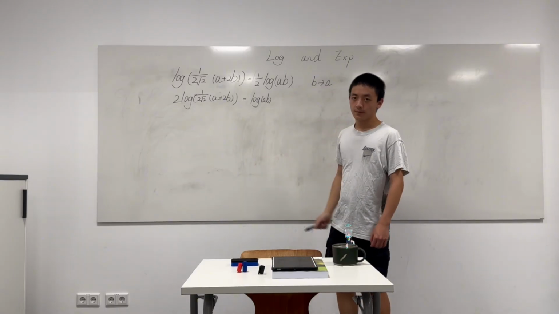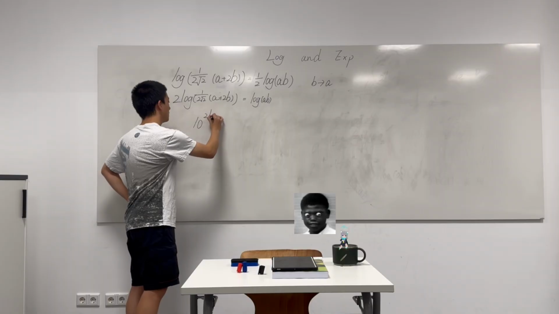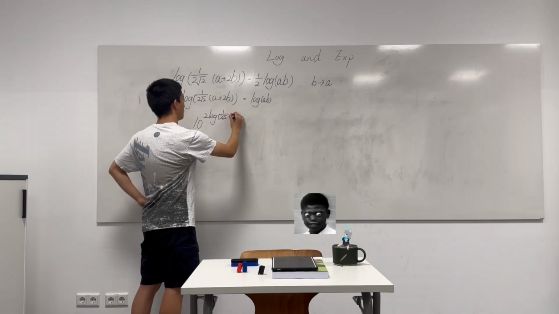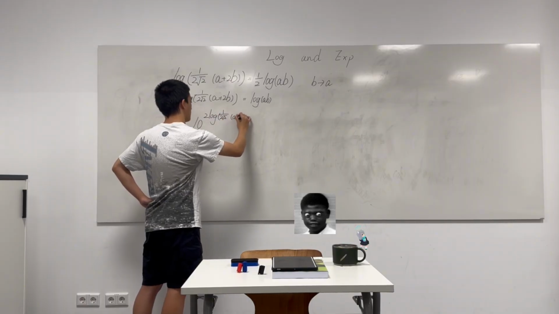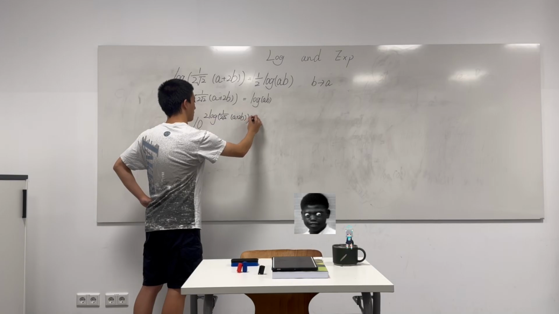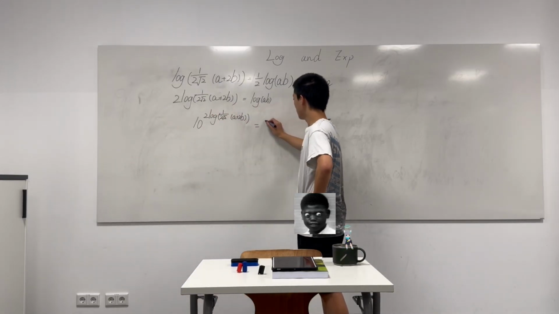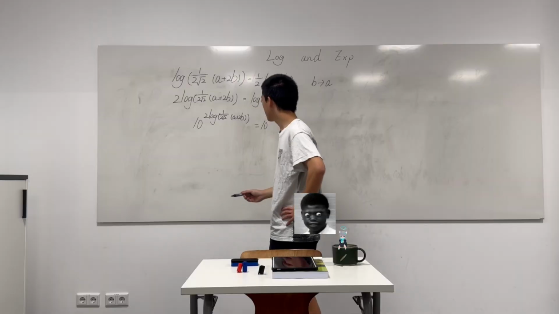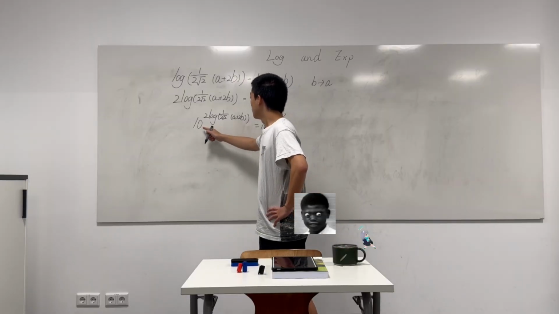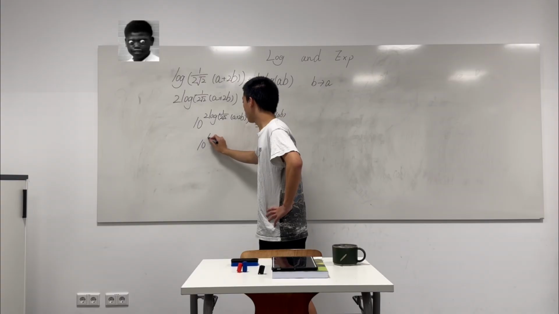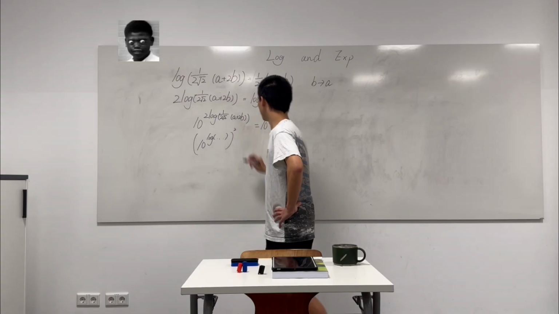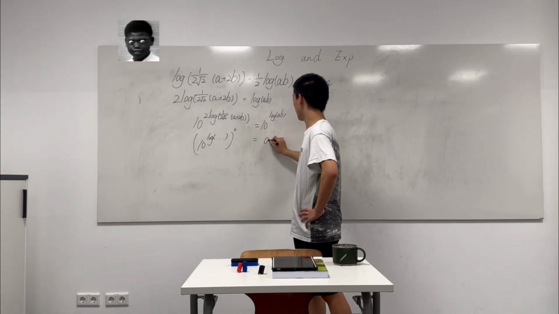So after that, 10 to the power of 2 log of 1 over 2 times square root of 2, then times a plus 2b is equal to 10 to the power of log ab. Therefore, it's equal to 10 to the power of log those whole thing, 10 to the power of 2. And this side is equal to AB.